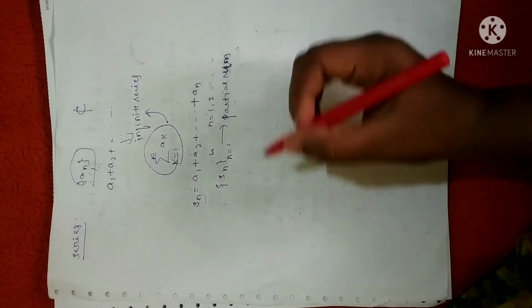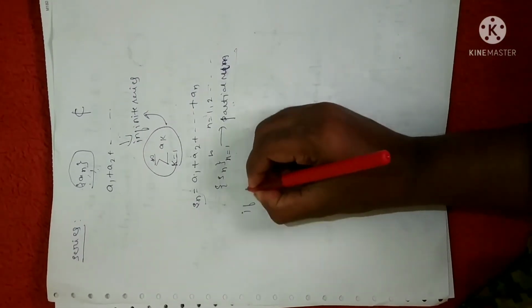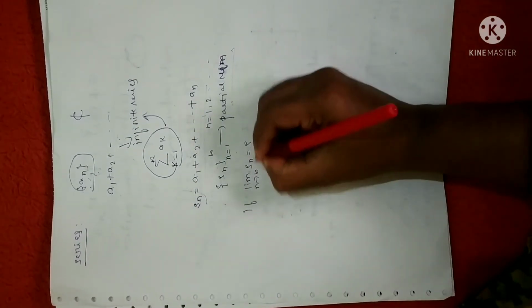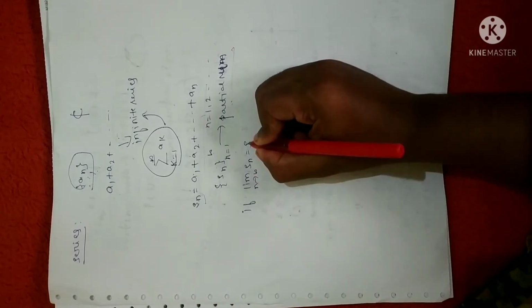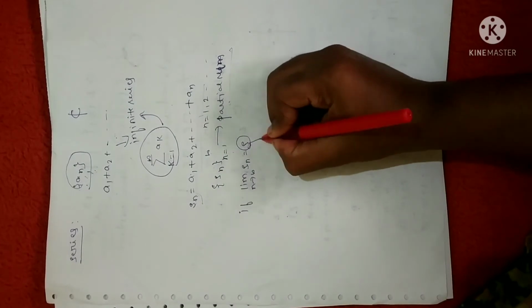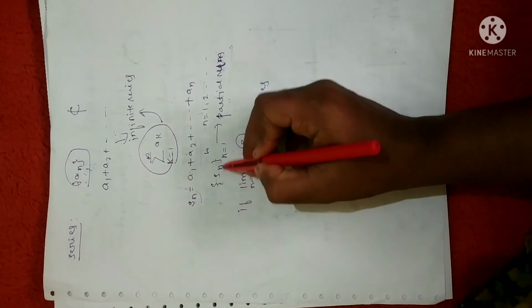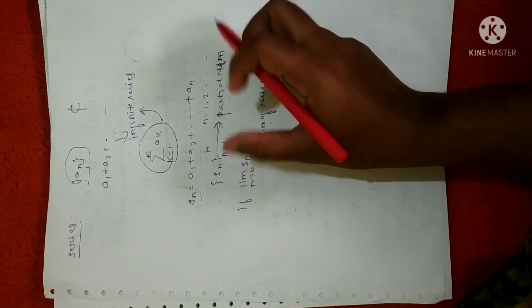Fine. And further, the sum of the series is defined as follows: suppose the limit as n tends to infinity of Sn is equal to S. This is the definition of convergence. The meaning is that Sn converges to S, right? Then S is said to be the sum of the series. The difference is that Sn denotes the partial sum, which does not contain all the elements.